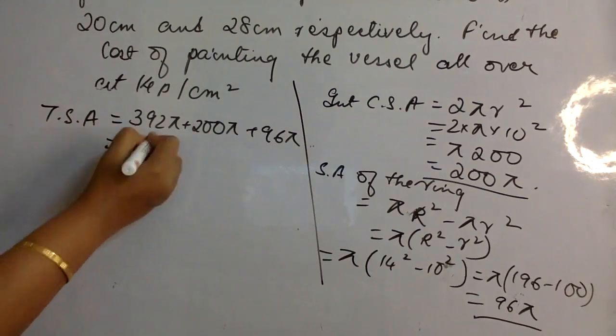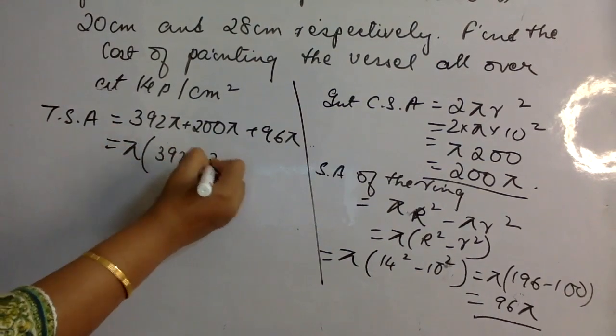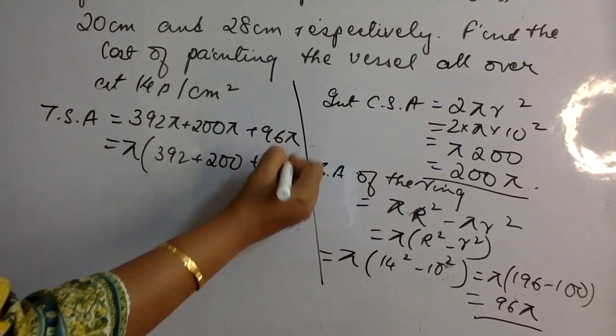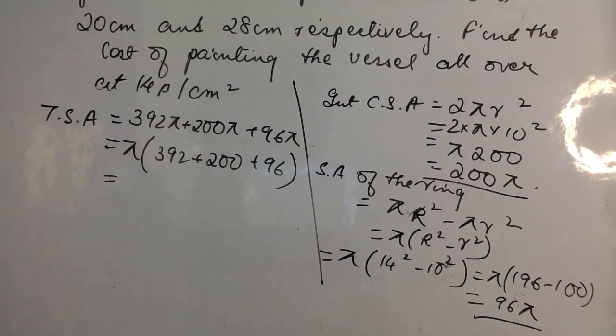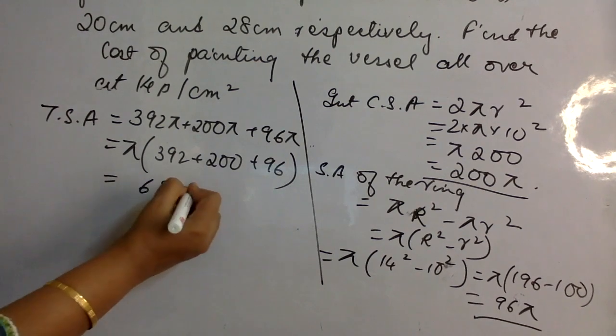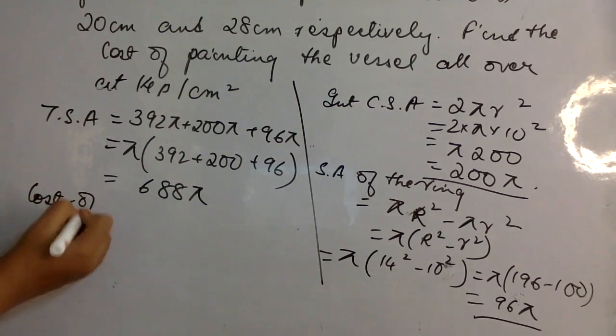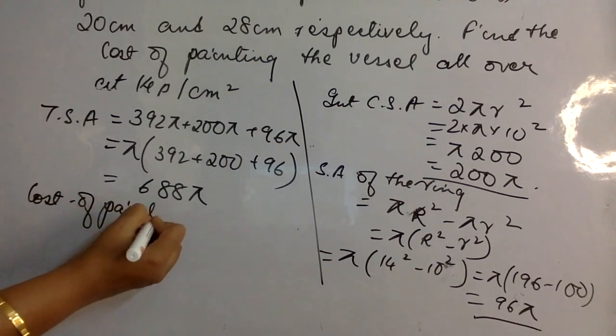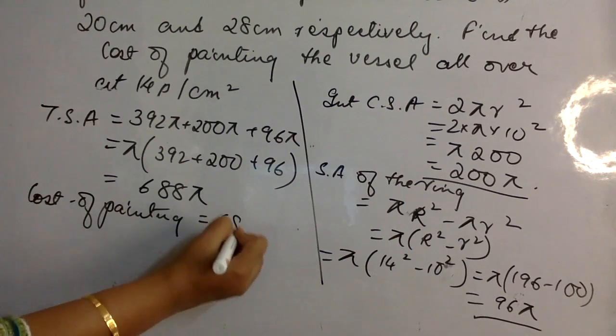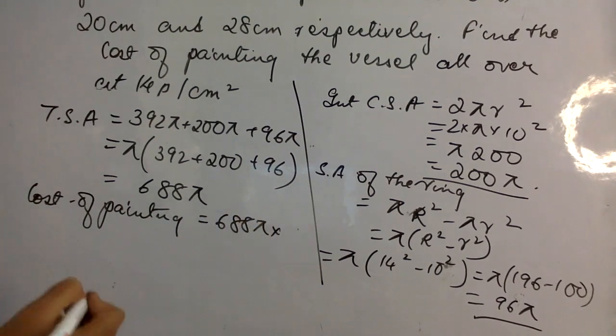Take the pi out, 392 plus 200 plus 96, and that will give me, on adding, 688 pi.